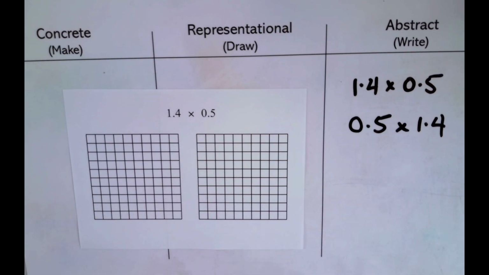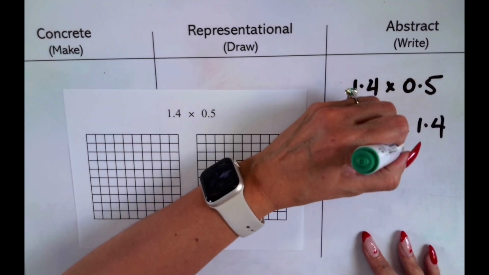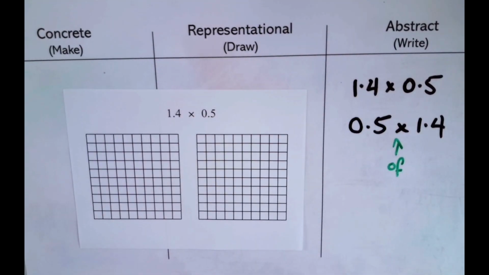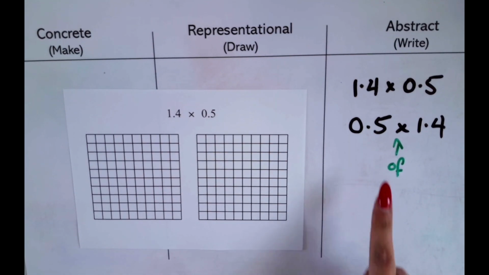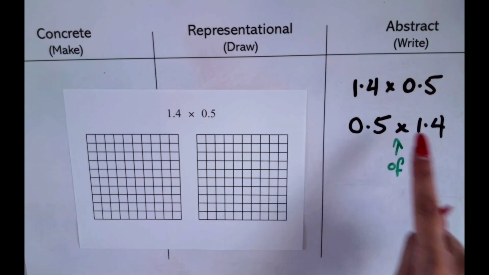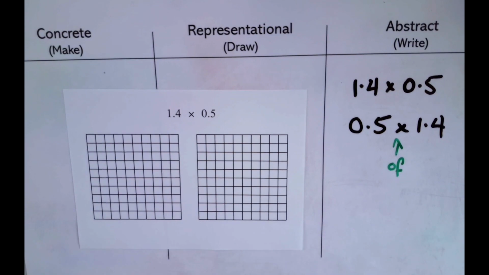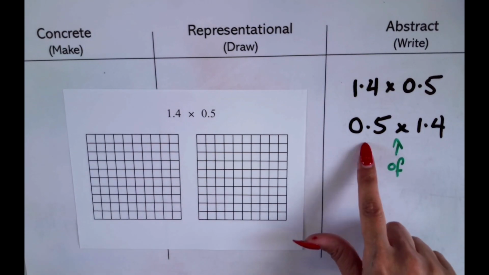Remember, in a previous video, when I was talking about fraction operations and changing the language, multiplication represents 'of'. So I want to look at that in terms of 'of'. So if I say 0.5 of 1.4, it can be a little bit easier to conceptually understand.